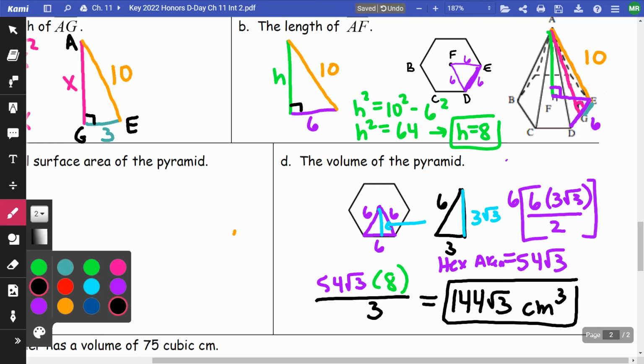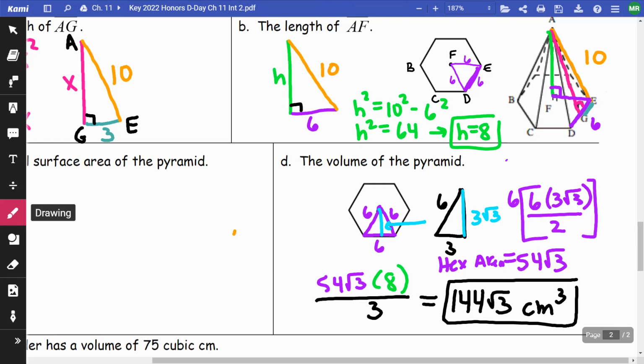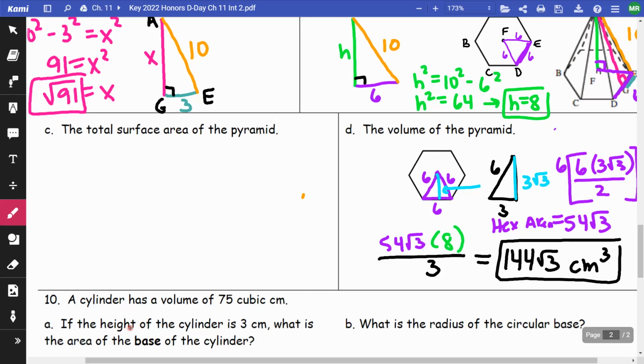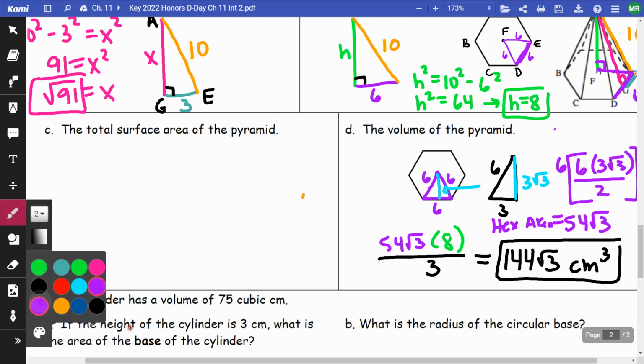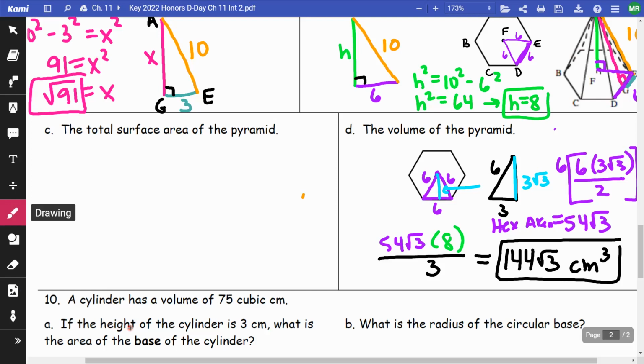So for the next one, the surface area, I have the area of the base, and I need to find the, so I know that my hexagon has an area of 54√3.